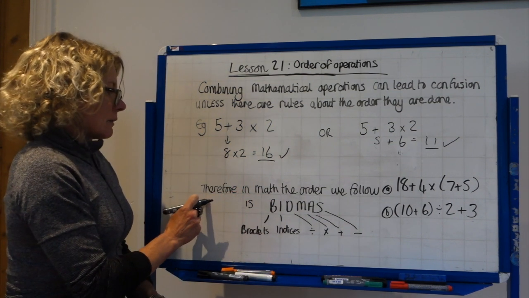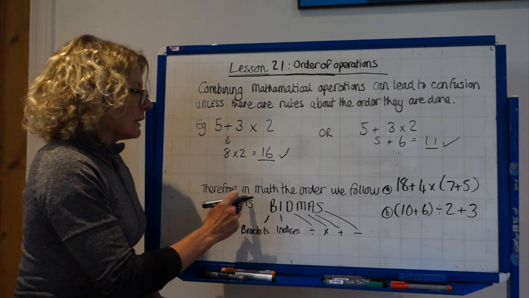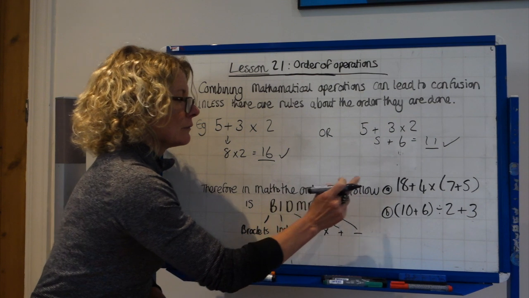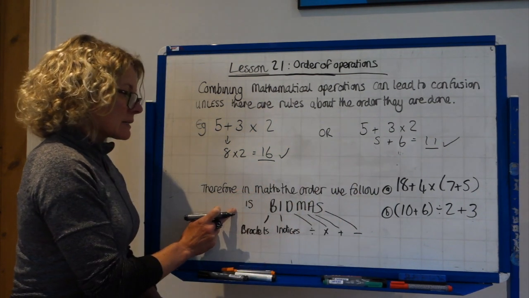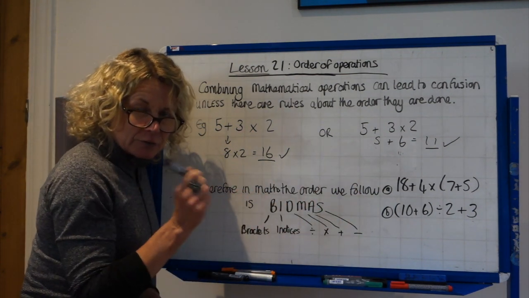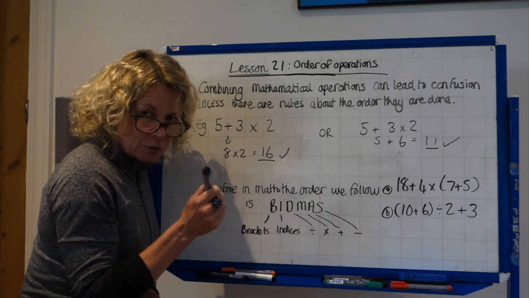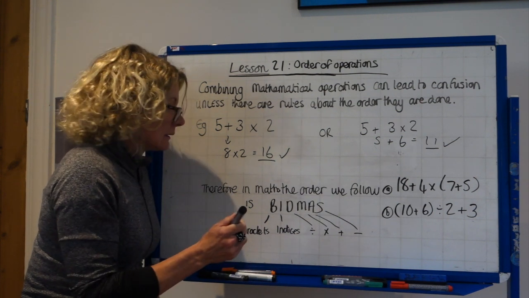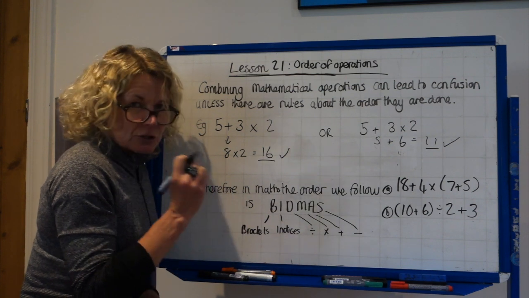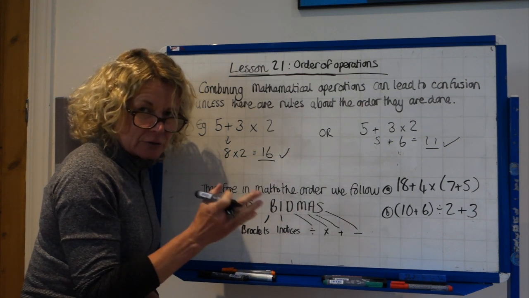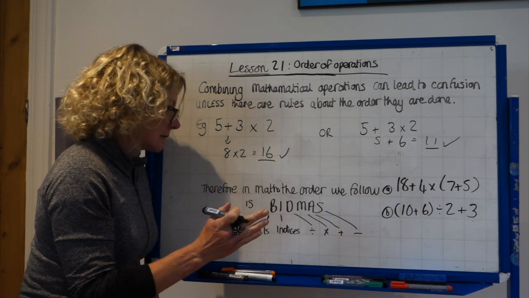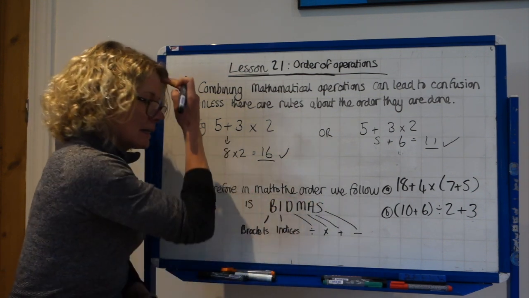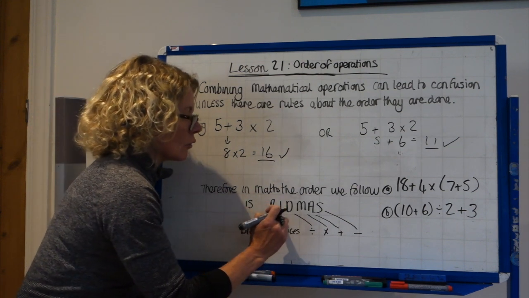Okay, so let's read out what it says. Therefore, in maths, the order we follow is BIDMAS. You'll have heard me talking about this before, and we have looked at it a little bit over the year, but I'm now going to do a day where we just look at that order of operations just to get it nailed. BIDMAS is the order that we use.